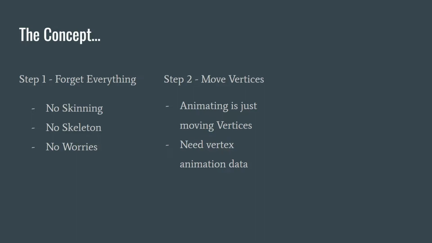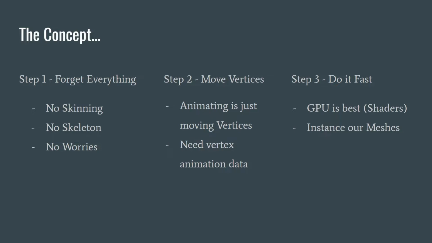But first, we need to cover step 3, which is do it fast. Do it as fast as possible. If we're going to be moving a lot of vertices around, the best place to do that is going to be on the GPU, or in other words, in a shader, or in Unreal, a material.